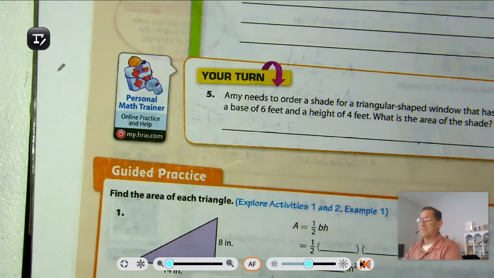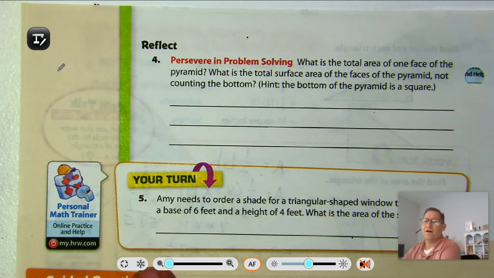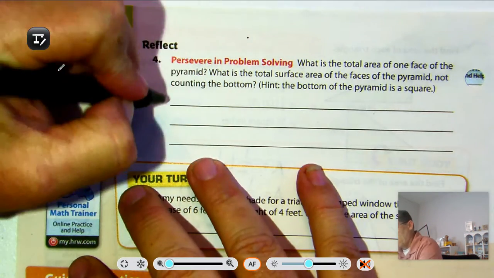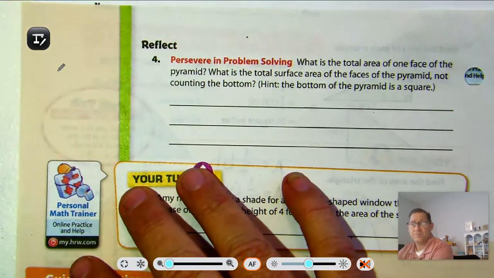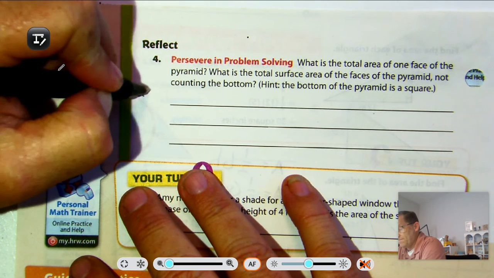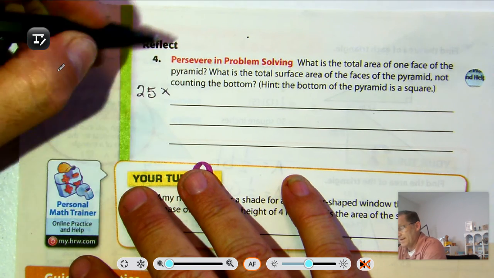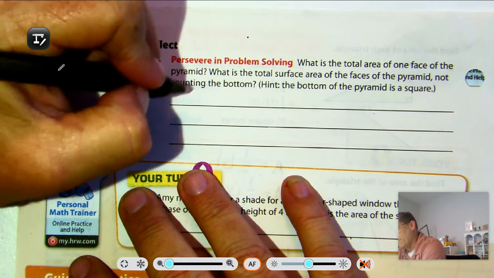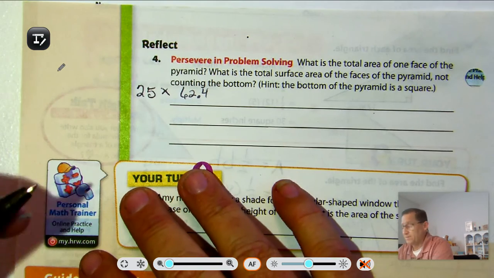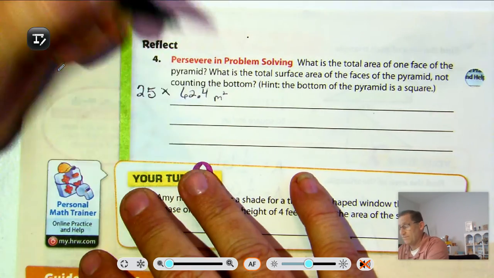So, what is the total area of one face of the pyramid? So, we know that there are 25 equilateral triangles that make up the face. So, we can simply go 25 times 62 and 4/10, because the area of one triangle is 62 and 4/10 meters squared, but we have 25 of them.